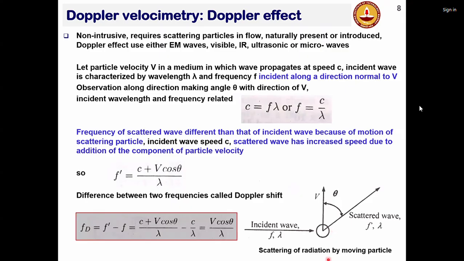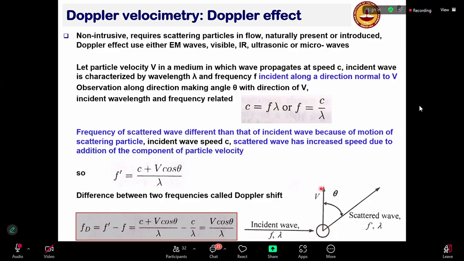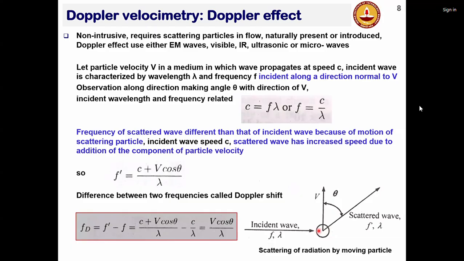So let's say we have a particle here, and this particle is moving in this direction at velocity v. We have an incident wave directed normal to the flow direction.